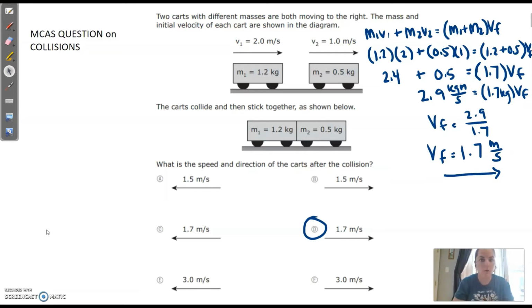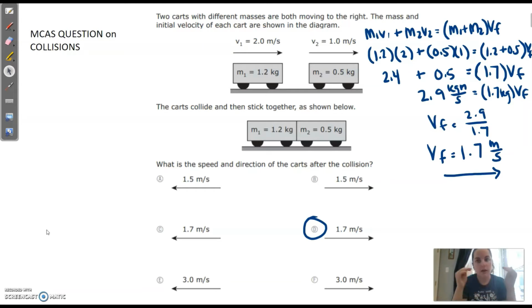So let's go over it. You would start by finding your initial total momentum, adding the momentum of the first cart to the momentum of the second cart and setting that equal to your final momentum. Again, the carts are combined and they're going to move away with one final velocity.